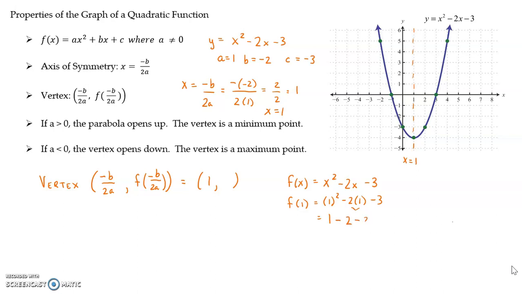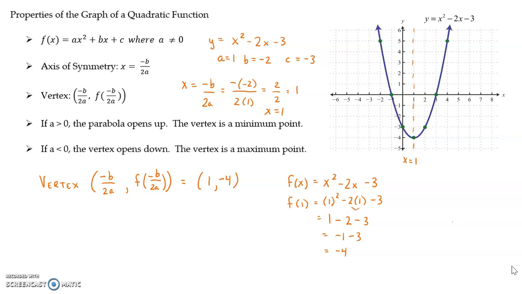And then we have minus 3 at the end. So 1 minus 2 is going to give us a negative 1. Minus 3, and our value here is going to come out to be negative 4. And that's what we were expecting. Right, so our vertex is the point 1, negative 4.